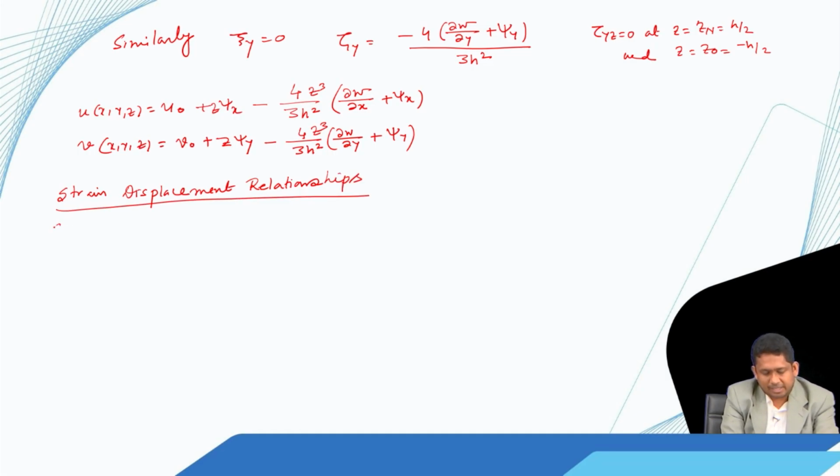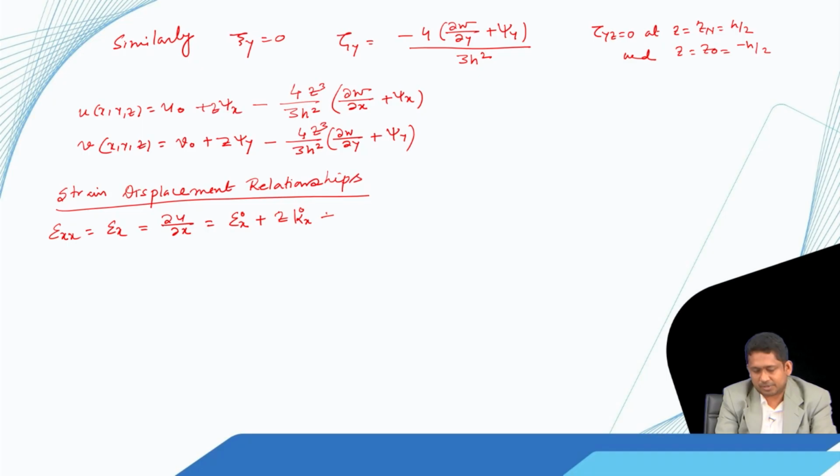So, we know epsilon x, which we denote as epsilon x here. That is del u by del x, and that comes out to be epsilon x 0 plus z into kappa x with superscript 0 plus z cube into kappa x with superscript 2, and we will define these terms.